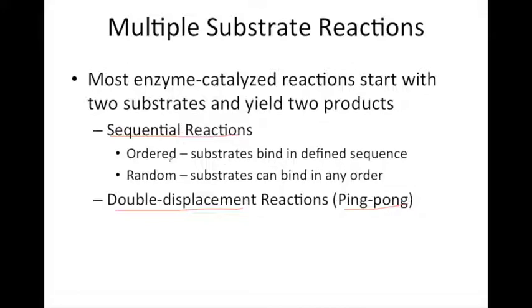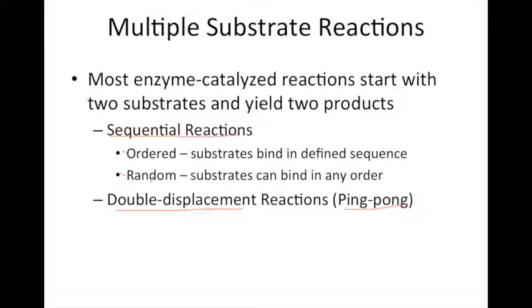Sequential reactions we can subdivide into ordered sequential or random sequential. In ordered sequential, the enzyme binds the substrates in a defined sequence. So it will bind one substrate always, this one first, and then it will bind the second one in a very particular order. In sequential random binding, the enzyme can bind either of the two substrates first or second.